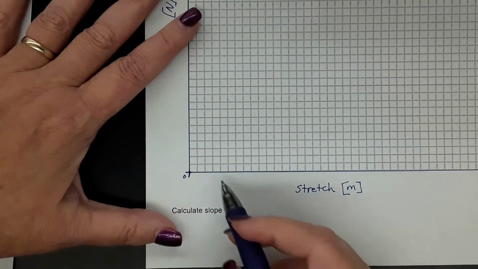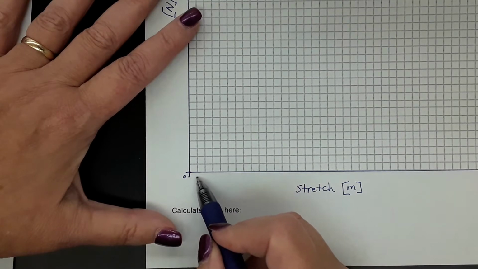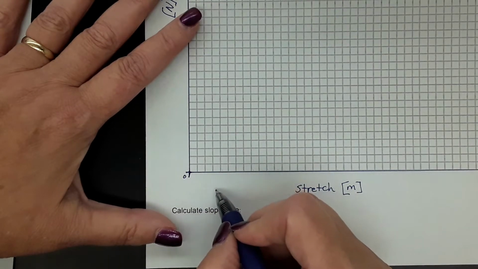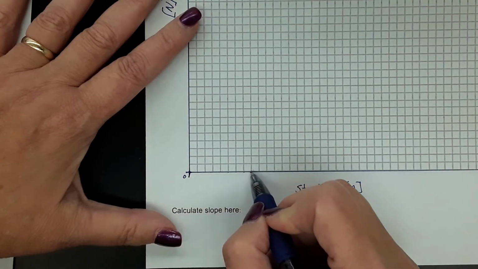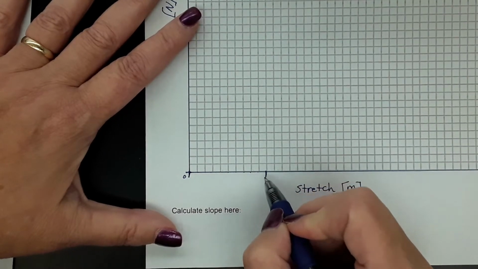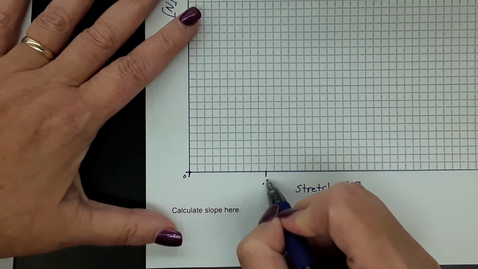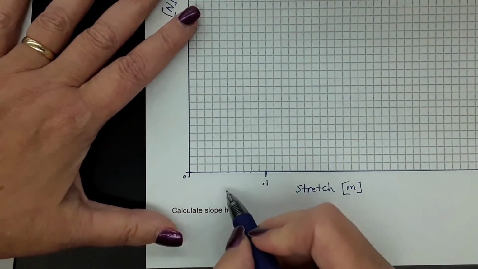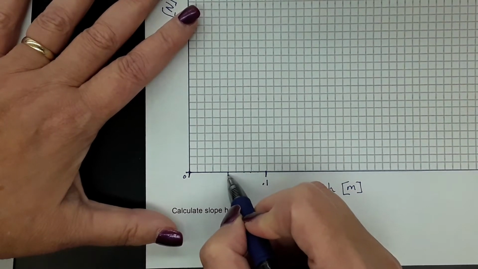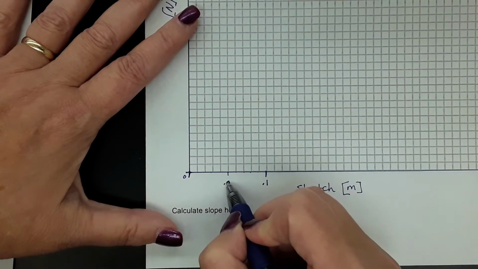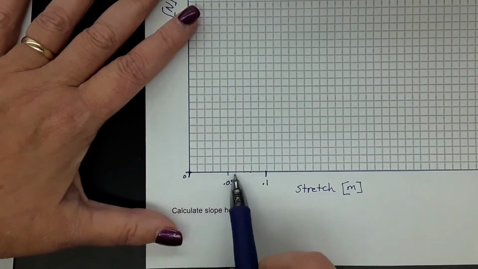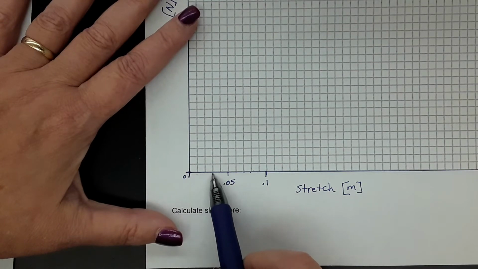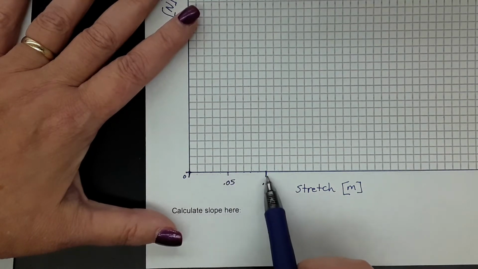So I tell you what, let's just go from the first 20. I count 1, 2, 3, 4, 5, 6, 7, 8, 9, and this is going to be 0.1. So halfway in between is going to be 0.05. Each of these is 0.01, 0.02, 0.03, 0.04, 0.05, till we get to 0.1.